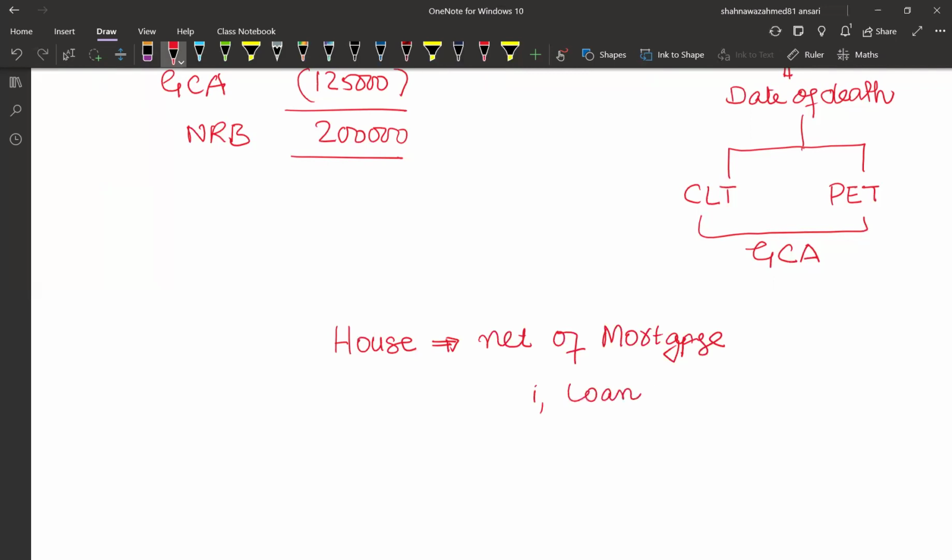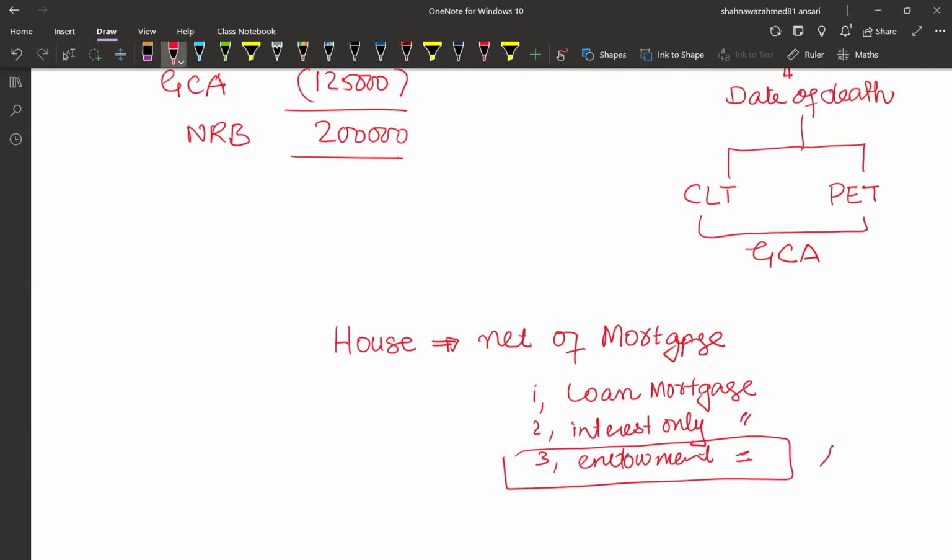One is a loan mortgage, another is an interest only mortgage, and the third one is an endowment mortgage. Except for the endowment mortgage, we will not deduct it from the value of the house.